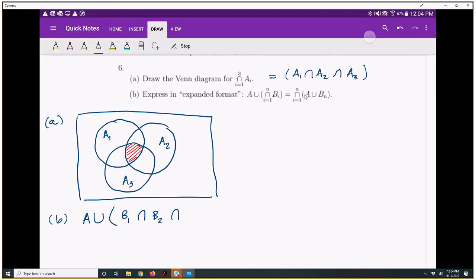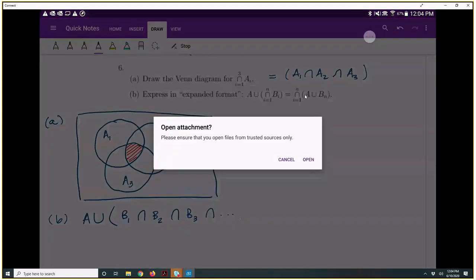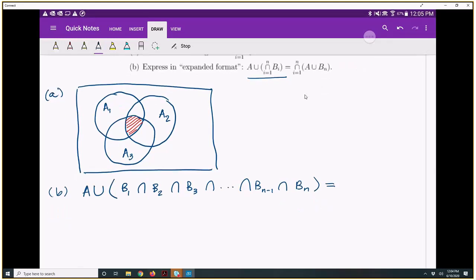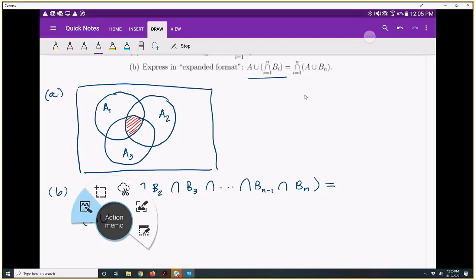And these indices are increasing by 1 all the way up till it stops at B sub n minus 1 intersected B sub n. So that's the left-hand side. And that should be equal to, on the right, we'll have, again, the index starts at 1, so A union B sub 1.